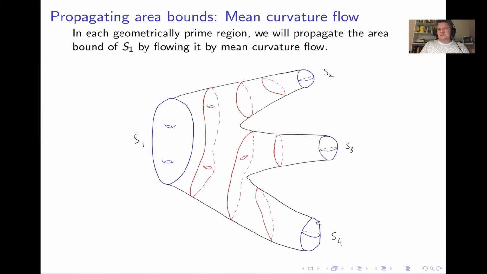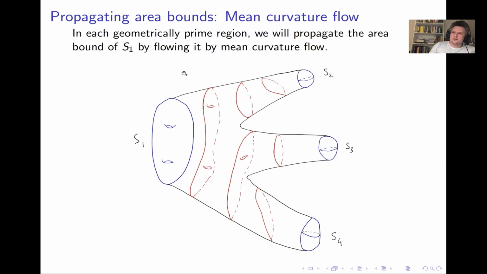Okay. So what that will do for me is that, because in mean convex mean curvature flow the area is always going down, even after surgeries, what this is telling me is that I had the area bound for this guy, then I start flowing. So I get a foliation of almost all this region here, where every single component has area less than or equal to the area of S1.